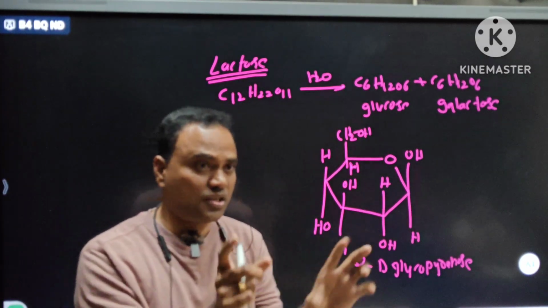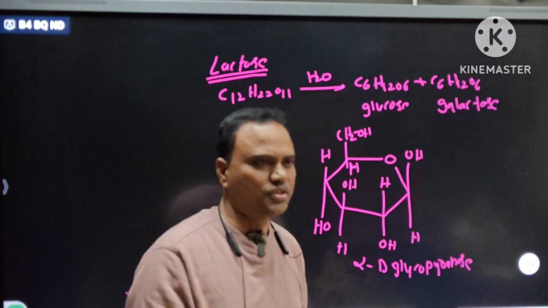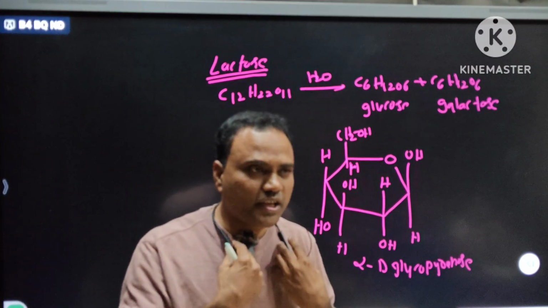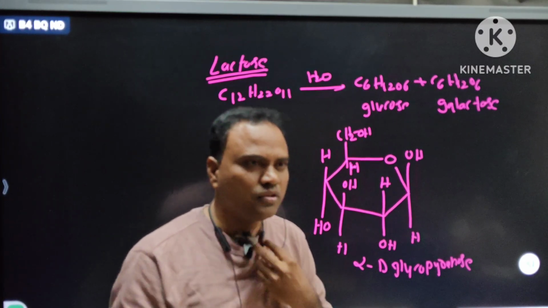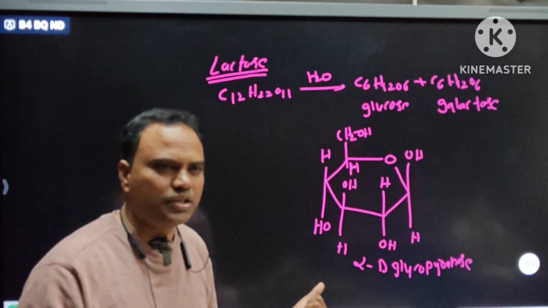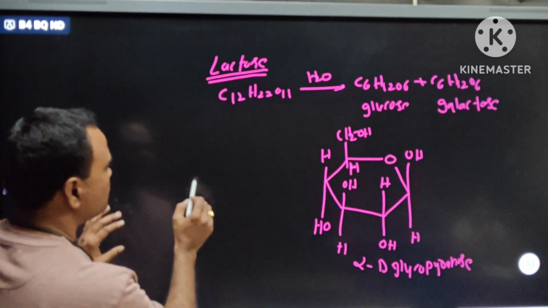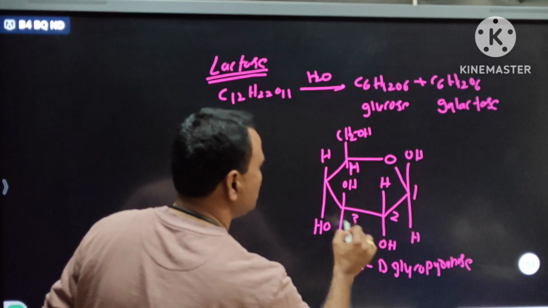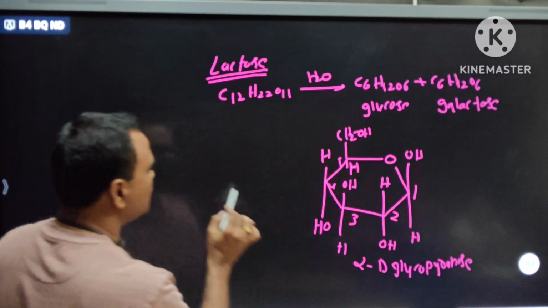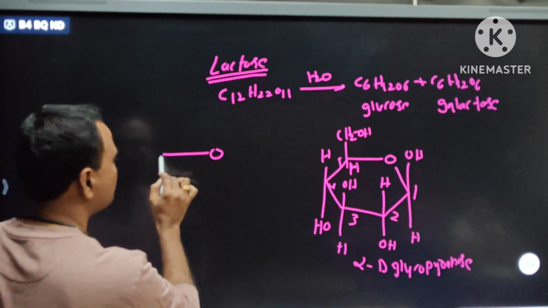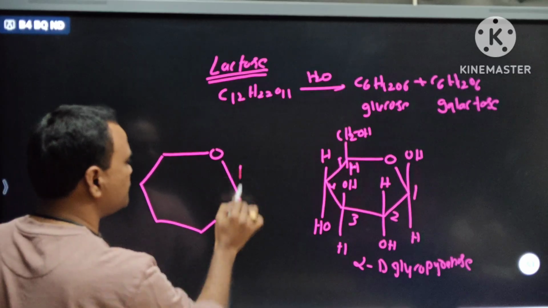That is why I mentioned it at the classification. Glucose and galactose are which epimers? So where will the structure be different? At the fourth carbon only. So 1, 2, 3, 4, 5. At the fourth only we have to change. Remaining is as it is.